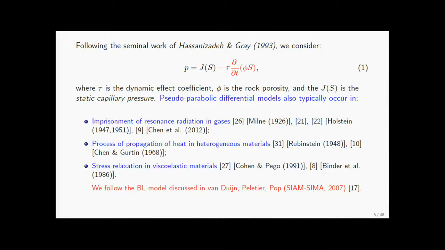This is a very nice work too that accounts for this kind of effects as relaxation. And here I will follow exactly this model introduced by Van Duijn, Peletier, Pop and Cuesta in 2007.